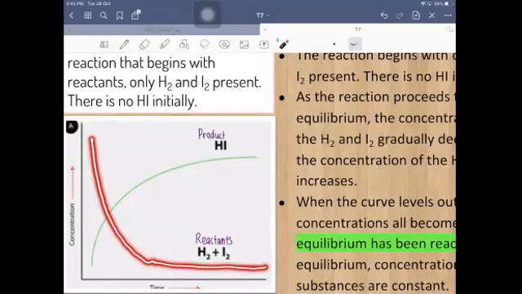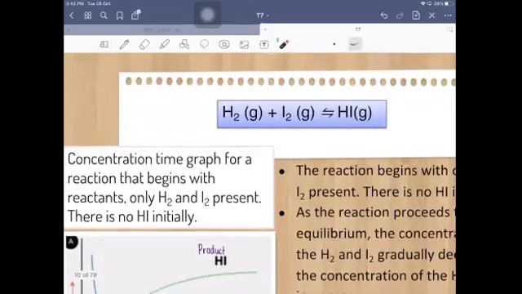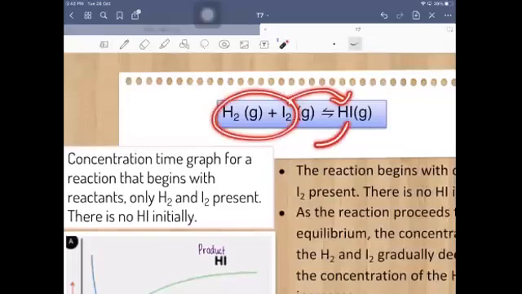Now, one thing to note about dynamic equilibrium is that your reactants will never go to zero. Your reactants will never be used up. Why? Because even though you're using your reactants, hydrogen and iodine, to produce hydrogen iodide, remember hydrogen iodide can also break up to produce the reactants.